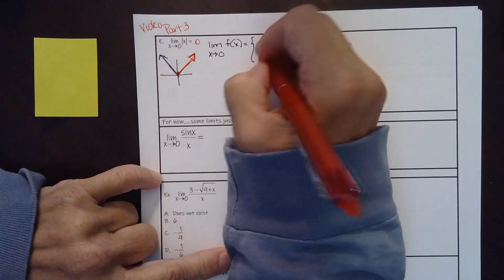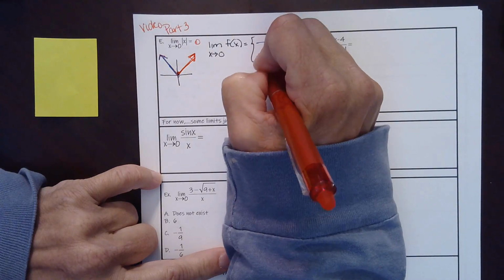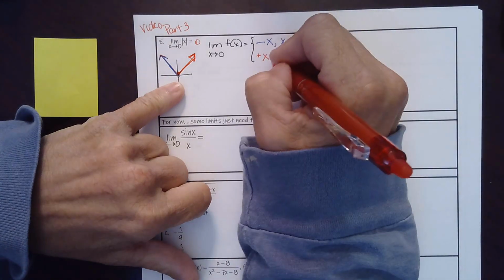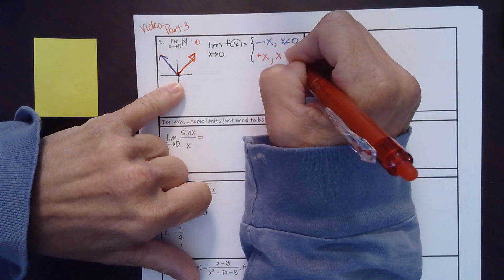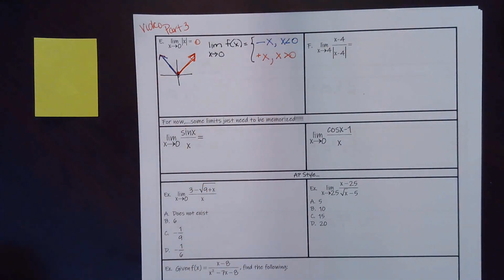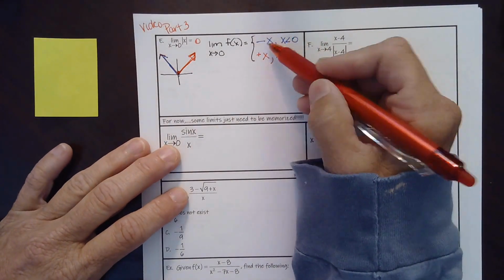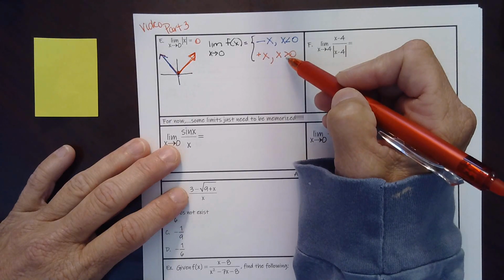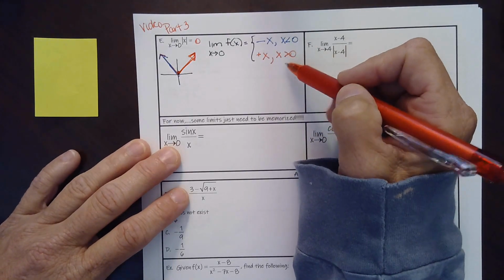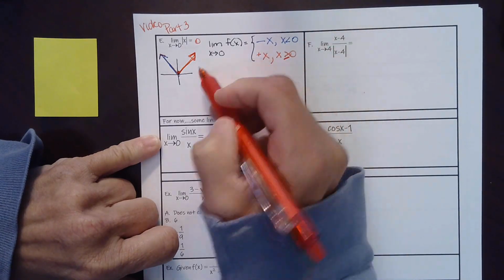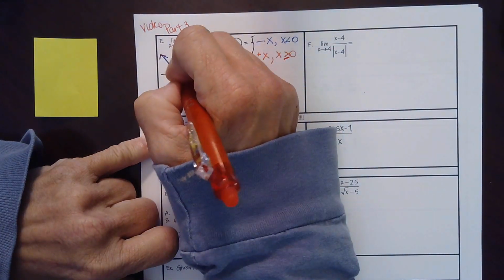So the equation for it would be positive x, and you could leave the positive off. And this piece is defined for the x's that are greater than 0. Now, the good thing here is that when writing a piecewise function, you can choose which of these pieces gets to include 0. So since I've got my red pen in my hand, I'm going to let this piece be the piece that includes 0.